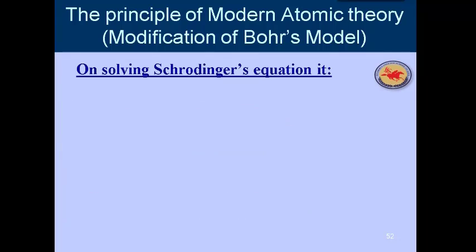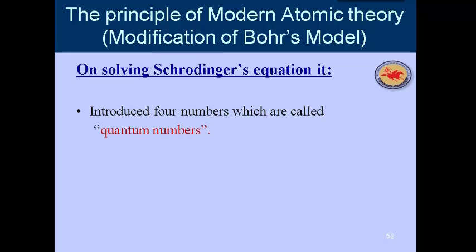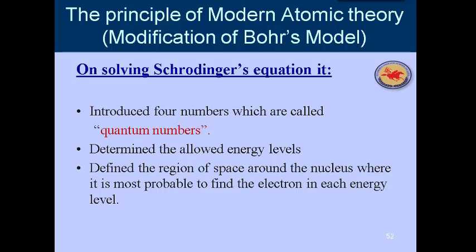On solving Schrödinger's equation, we obtain four numbers which are called quantum numbers. These quantum numbers help us to determine the allowed energy levels at which the electrons rotate, and define the region of space around the nucleus where it is most probable to find the electron in each energy level.